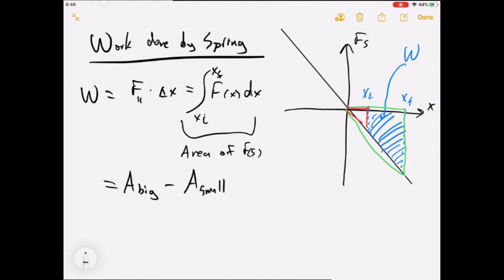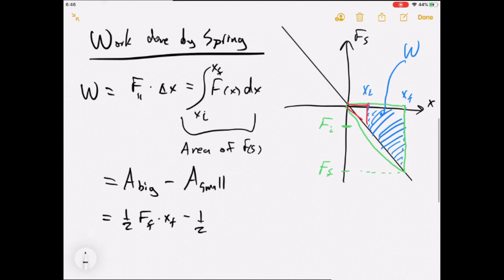The base for the small one is x initial, the base for the big one is x final, and the heights here: this one is F initial, and this one is F final. So I could plug those in: half F final x final minus half F initial x initial.